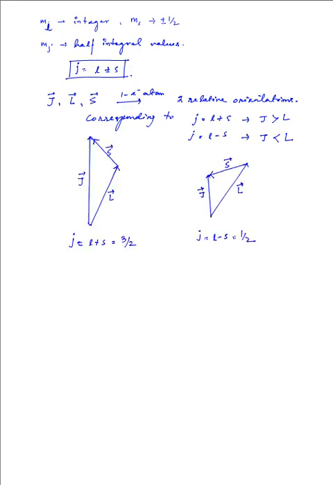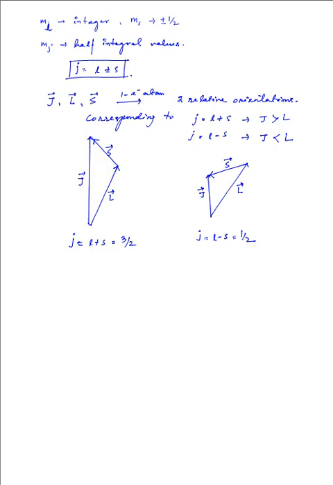In each of these figures, in one of the cases L has a magnitude less than that of J, while in the second figure to the right L has a greater magnitude than that of J. That's because for l equal to 1 and the spin quantum number equal to plus half in the first case, the total angular momentum quantum number is equal to 3 over 2.